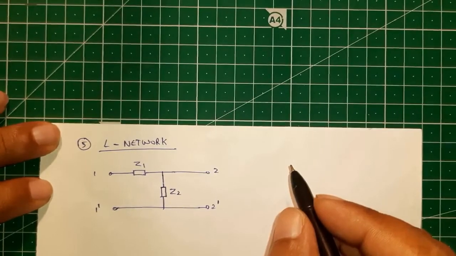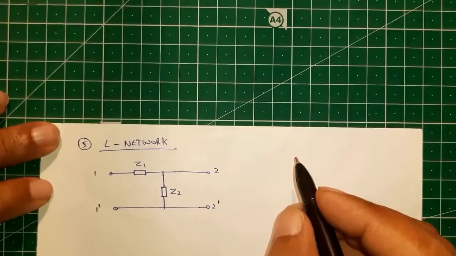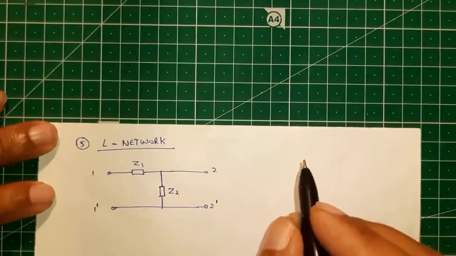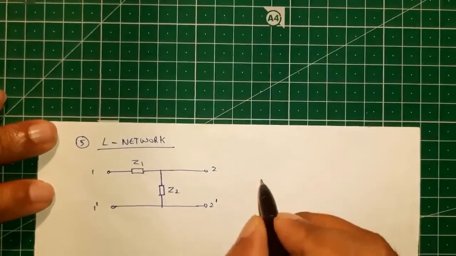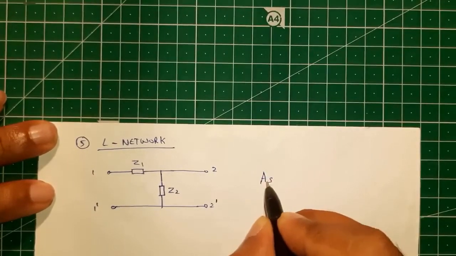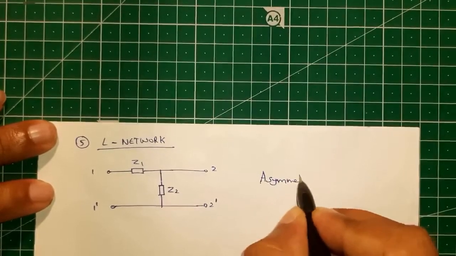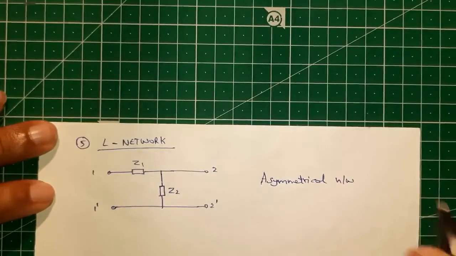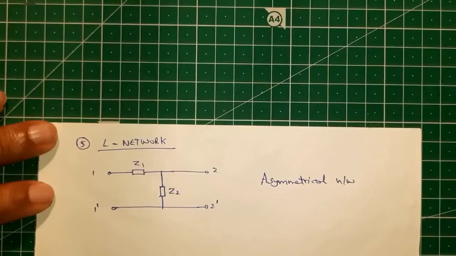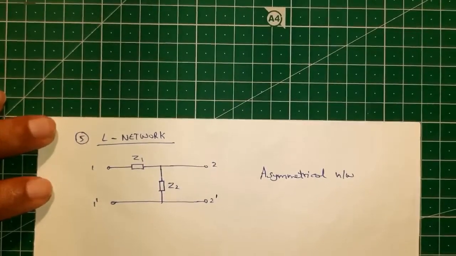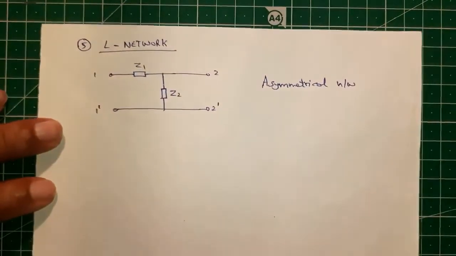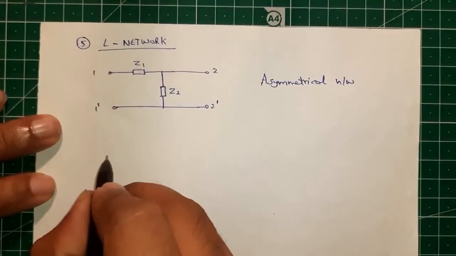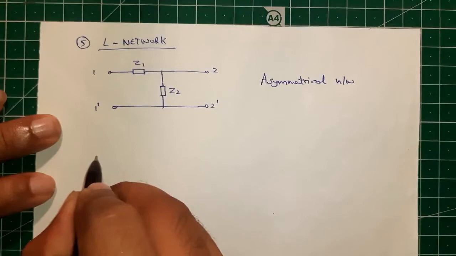Also, one can view this as a special case of a pi network. This is an example of an asymmetrical network. So we have a T network like this.